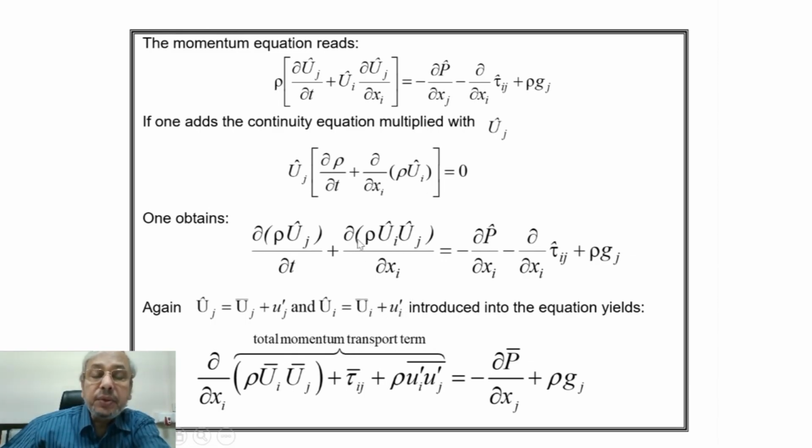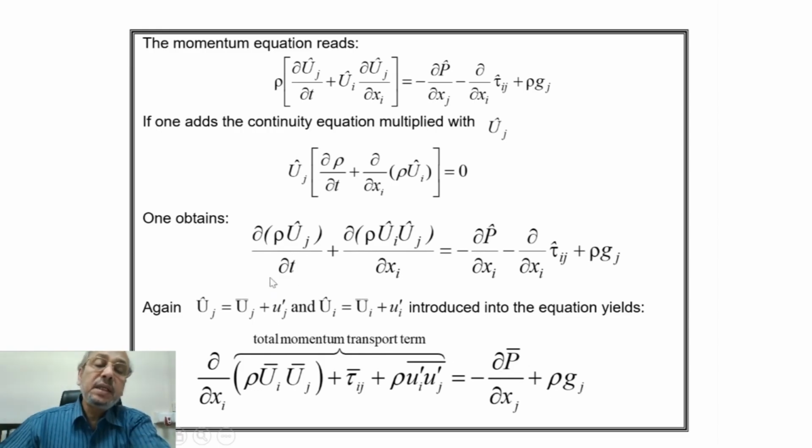If we introduce that and perform the overbar operation, we will get del xi into rho ui bar uj bar plus tau ij bar plus ui prime uj prime over bar equal to minus del p bar del xj plus rho gj.